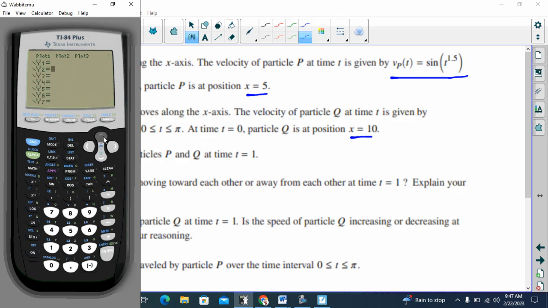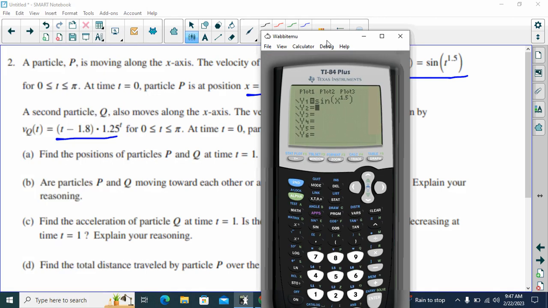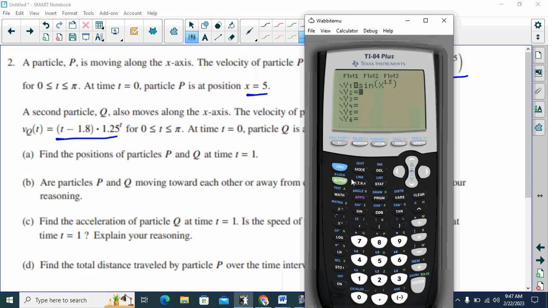So y1 is equal to sine of t to the 1.5 power. Double check to make sure you are in radians mode. Make sure your parentheses are in the right place. And v sub q of t is equal to the quantity t minus 1.8 times 1.25 to the t.